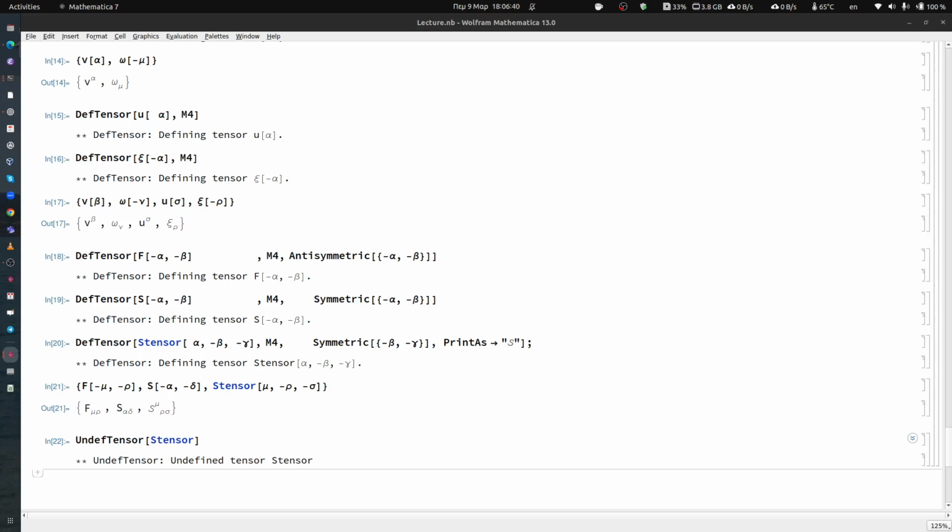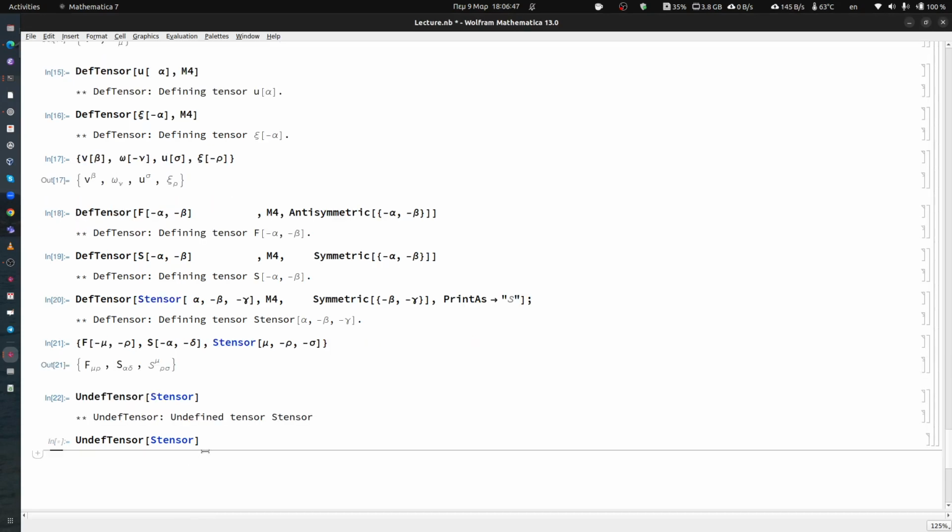Maybe you define a symbol h bar that is a parameter in your calculations, and you want it to be constant and not depend on any other variables, so that its derivatives, for example, are equal to 0.